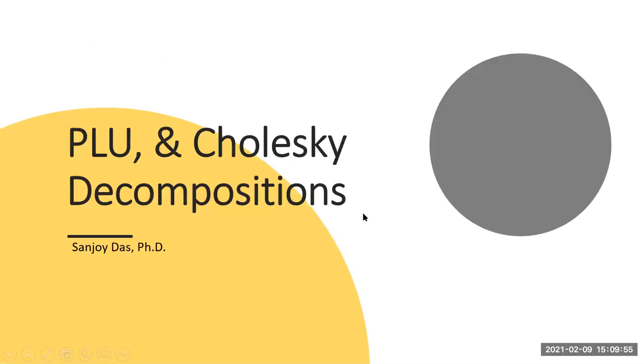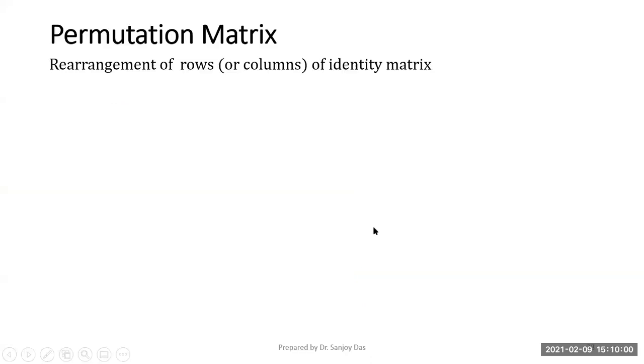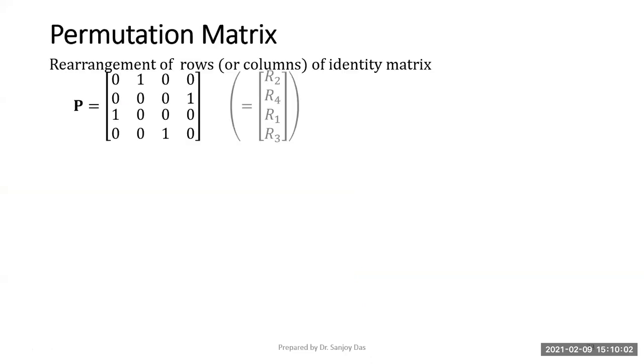Okay, so now let's look at PLU and Cholesky decompositions. First I'll define what a permutation matrix is. A permutation matrix is a rearrangement of the rows or columns of the identity matrix. So this is an example of a permutation matrix. All I did was shuffle the rows.